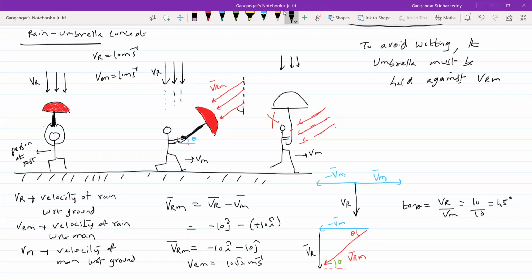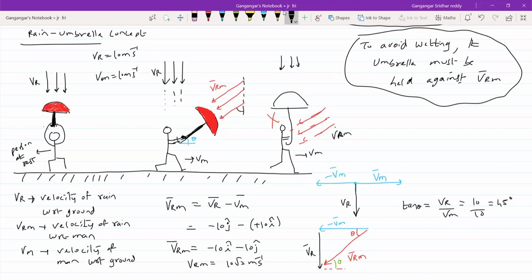I think that's the total idea of the entire numericals we are going to discuss here. Now, when will he get wet here? This is a wrong position. Nothing wrong, if he wants to get wet. There's nothing wrong in this diagram. To avoid wetting, this diagram is wrong.